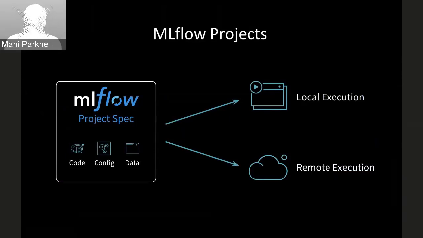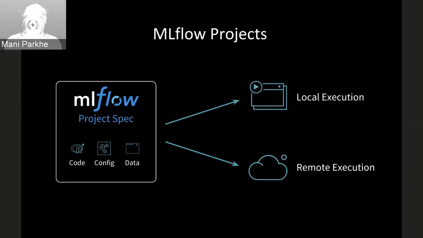Now let's talk about projects. As a reminder, this is a packaging mechanism to make it easy for you or anybody on your team to reproduce your runs on any cloud platform anytime later. So what are the things that we need to be able to do that?